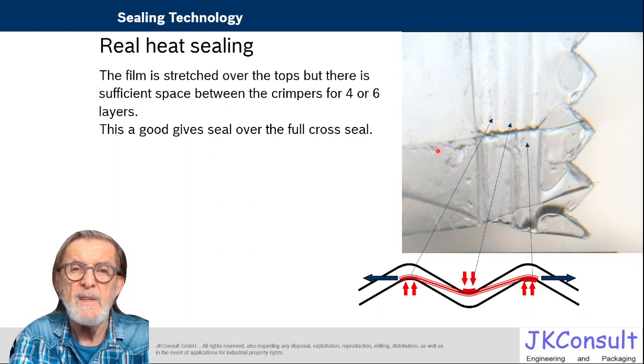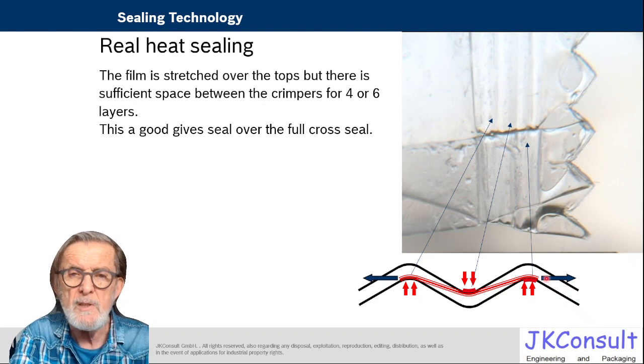So this solves the issue. Giving a good profile gives you space for the film, so you don't crack the film, but you have sufficient contact to transfer the heat, and due to the stretching of the film, stretching here of the film and there gives pressure between the 2 layers of the film, so the good contact in between the 2 layers of film is given.